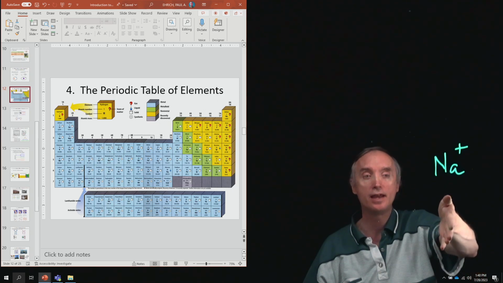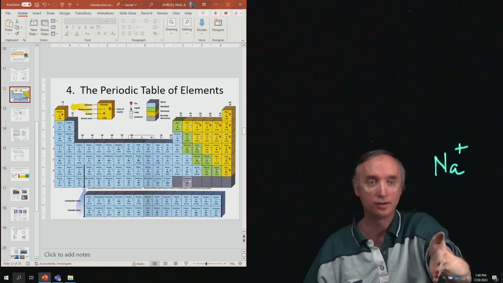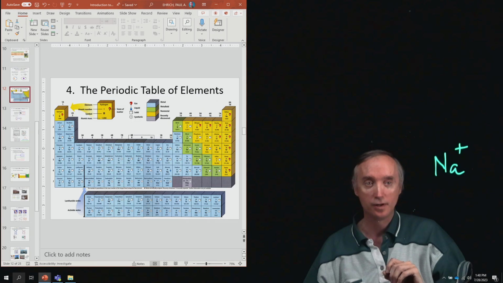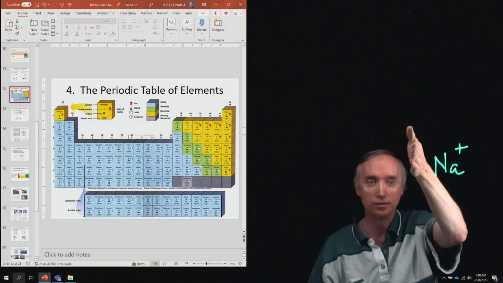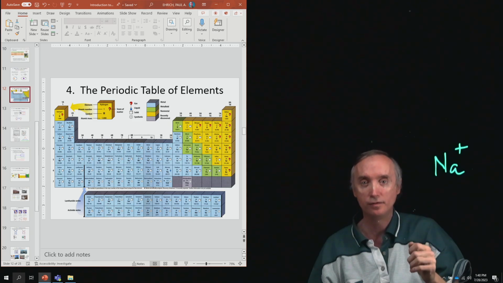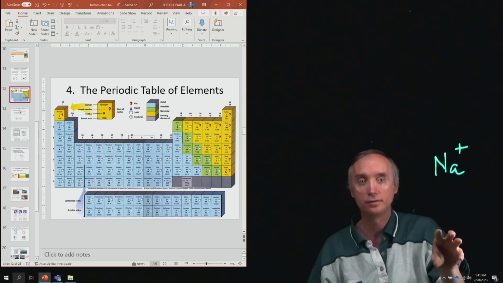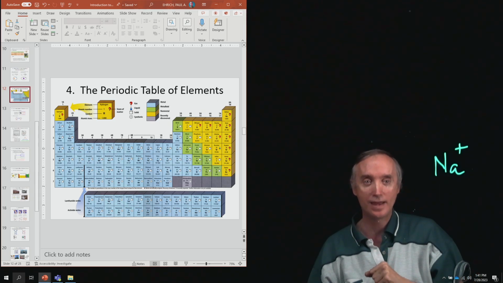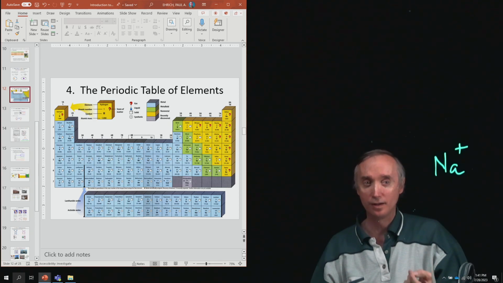Sodium and everything in that first column is highly, highly reactive, because all of the elements in the first column of the periodic table are trying to give away one electron so that they would think that they have this magic number of 8.